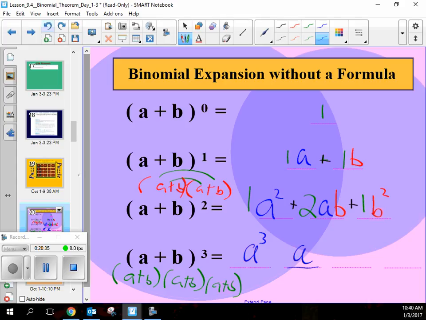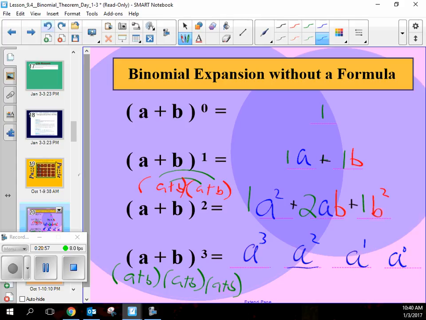A squared. And the next one? A. And the last one, I know it seems like there should be an a there, but couldn't we say it's like there's an a to the 0 there? Which is really like a 1. So it doesn't really need to be there.